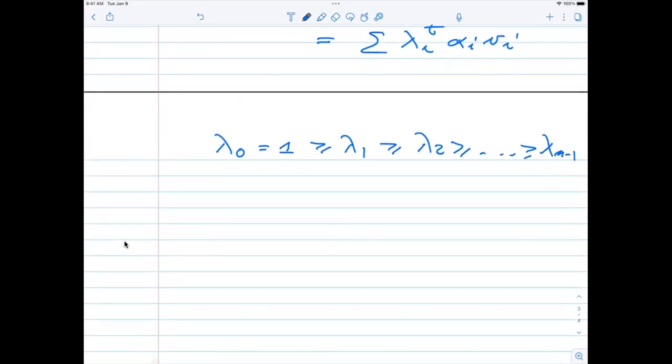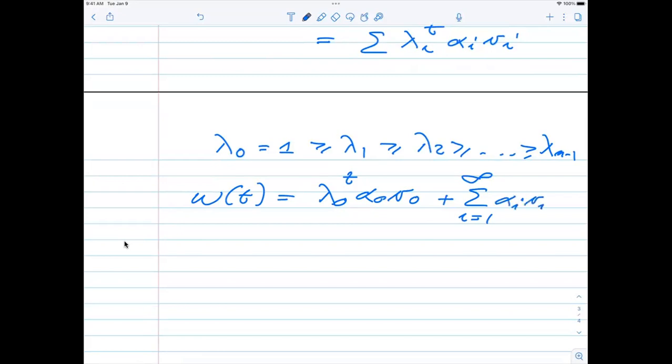So that means that this state w(t) is going to be proportional to lambda_0 to the power t, which is the largest eigenvalue, times alpha_0 v_0, plus the remaining states, where these eigenvalues are normally smaller. So we would sum from i equals 0. In principle, we have an infinity of such states if this transition probability is infinitely large. So we end up with alpha_i v_i, and then we have lambda_i to the power t.